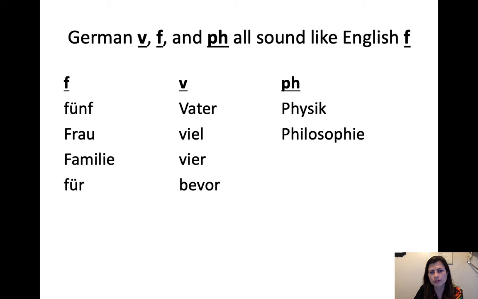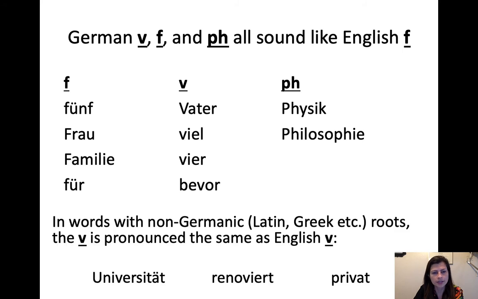Yeah, so the PH is the same as those sounds. And then in words with non-Germanic, Latin, Greek, etc. roots, the V is actually pronounced the same as the English V. So every once in a while, a word that's obviously not Germanic in origin, it looks like a Latin word or a Greek word, then you just do the V as if it were English.